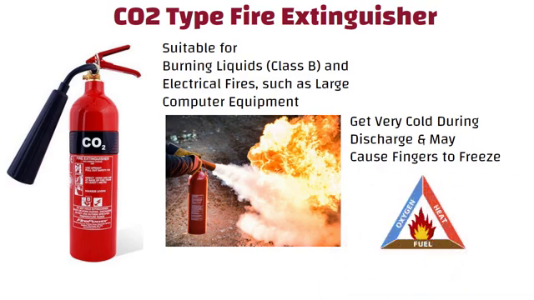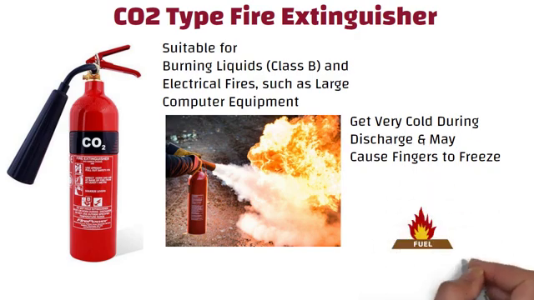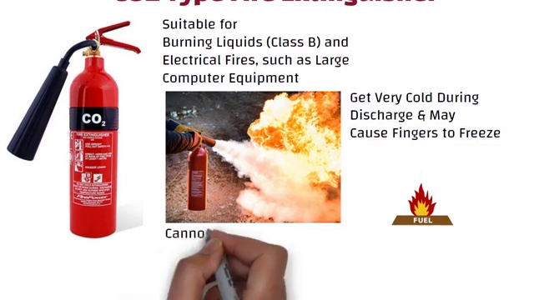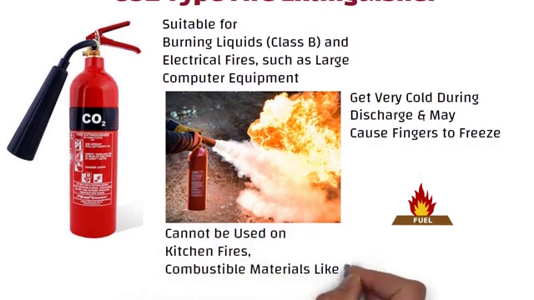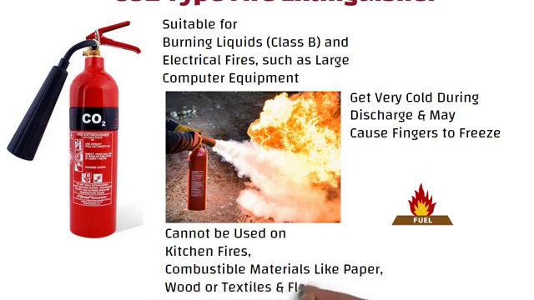CO2 takes away oxygen element from fire triangle and also removes heat with a very cold discharge. However, it cannot be used on kitchen fires, combustible materials like paper, wood, or textiles, and flammable metals.